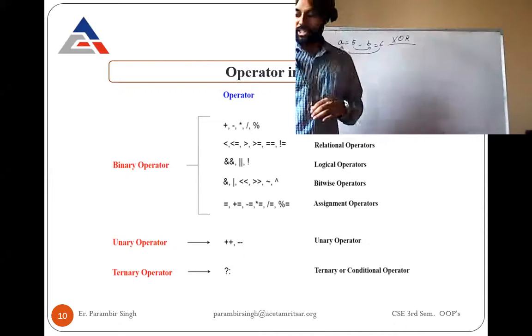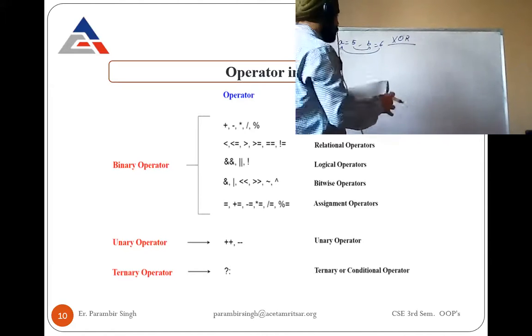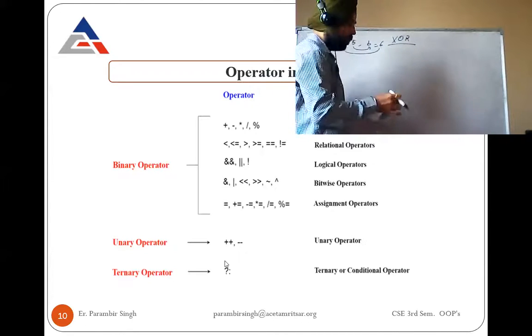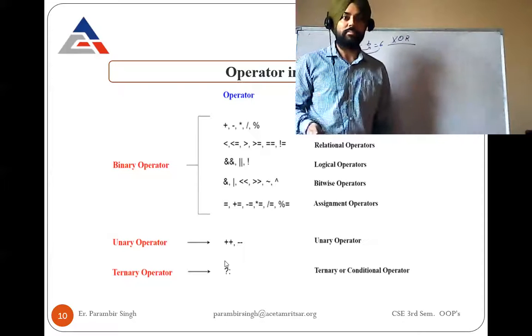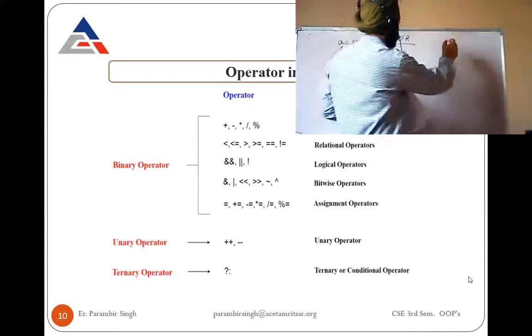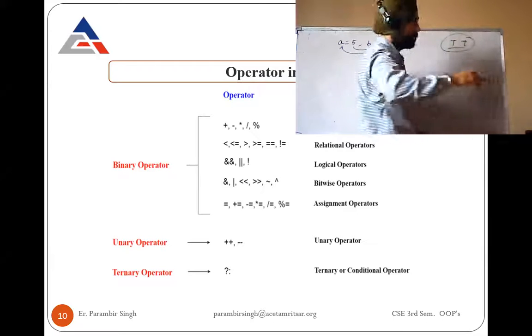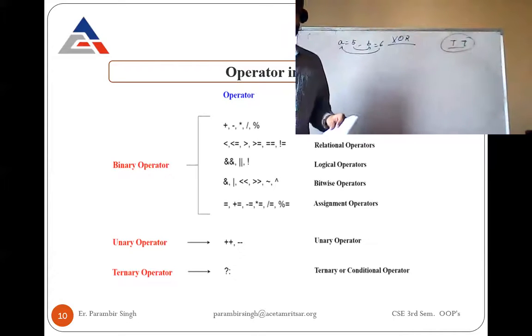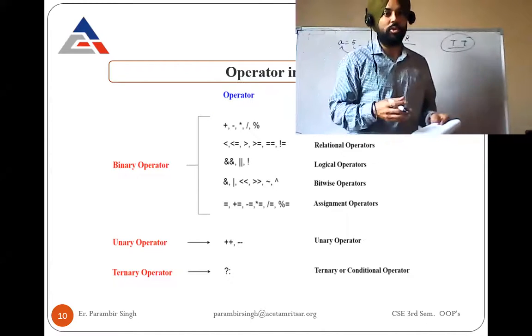So for the implementation of XOR, first you must know how we can create a truth table, because you are studying ECLD. Here you create truth tables for different operators, such as the AND operator, OR operator, XOR operator.